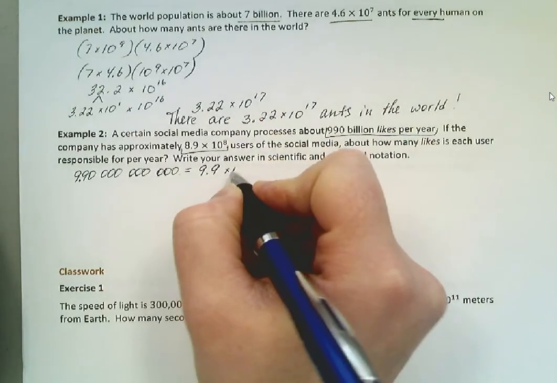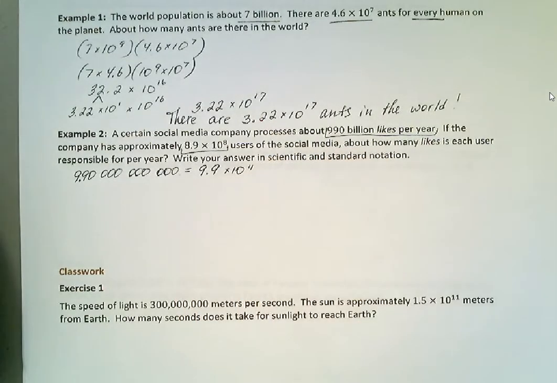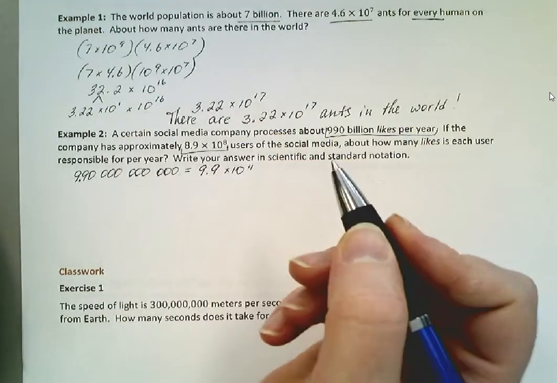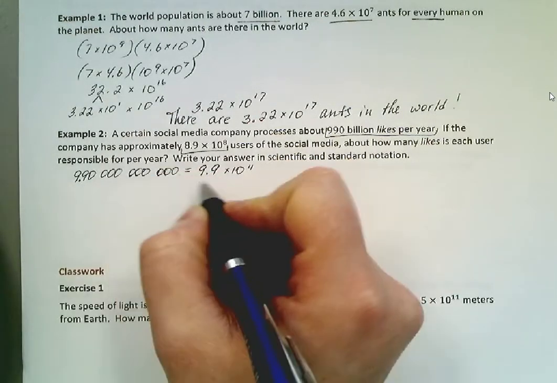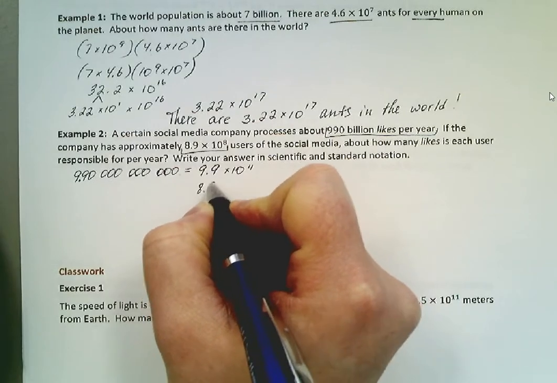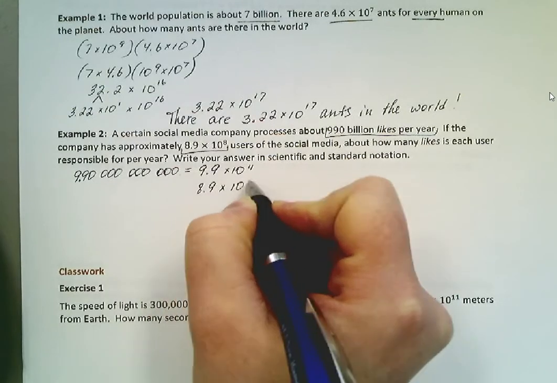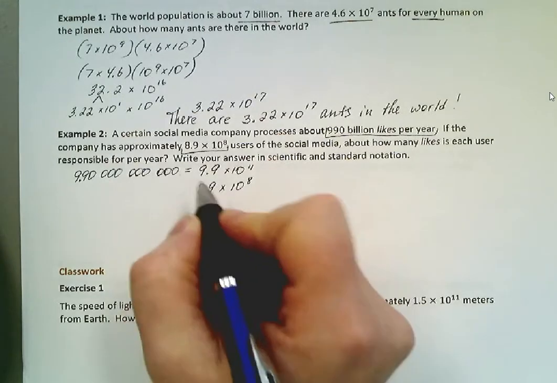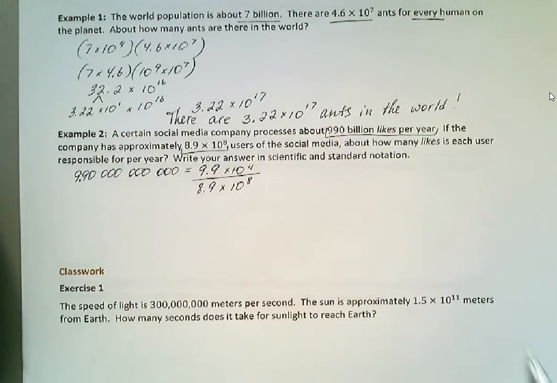So times 10 to the 11th. And then we have our users of the social media, which is 8.9 times 10 to the 8th. We are going to divide one by the other. So here is our division sign.